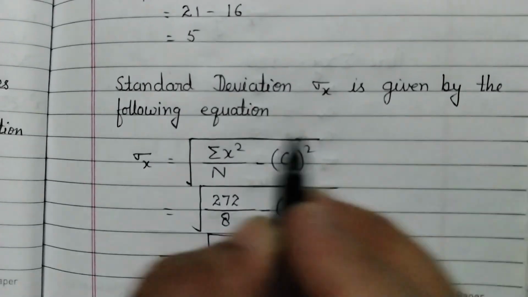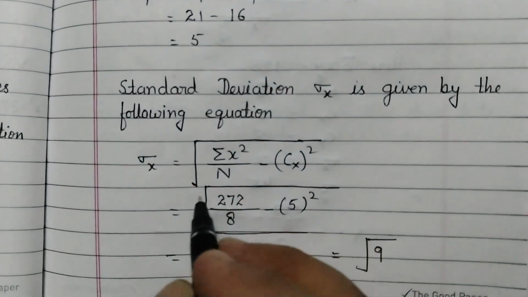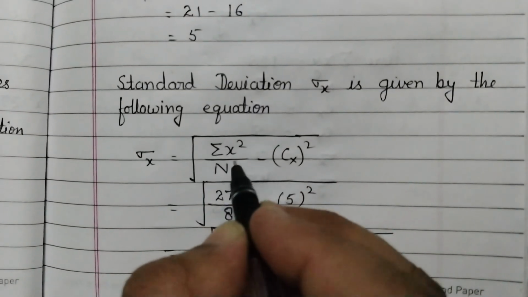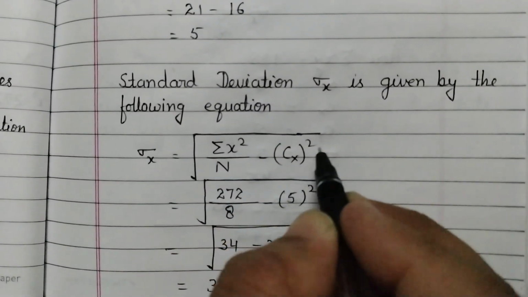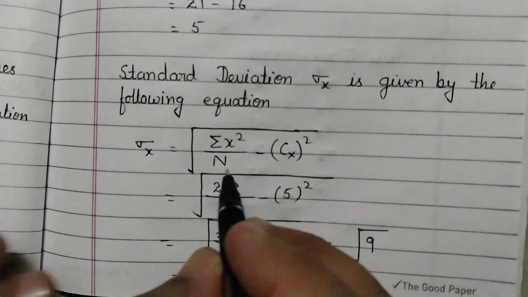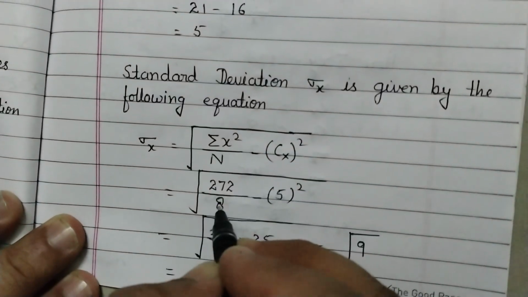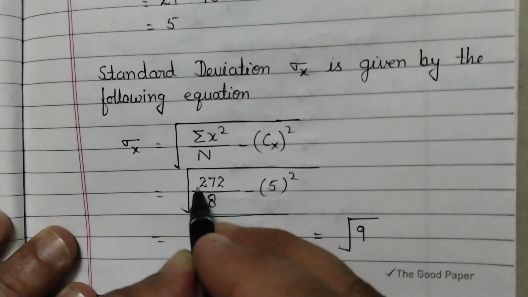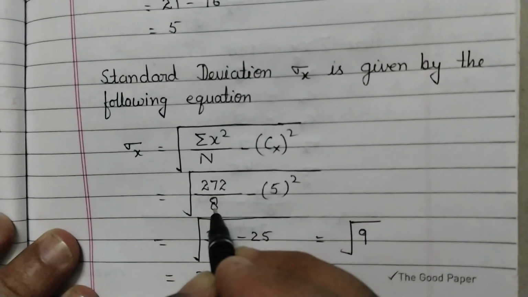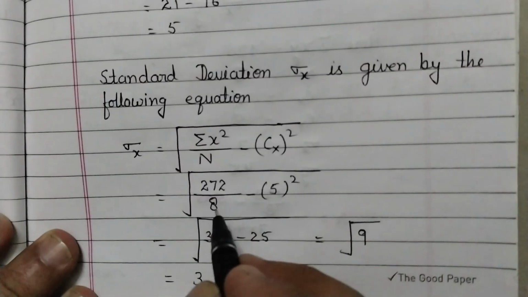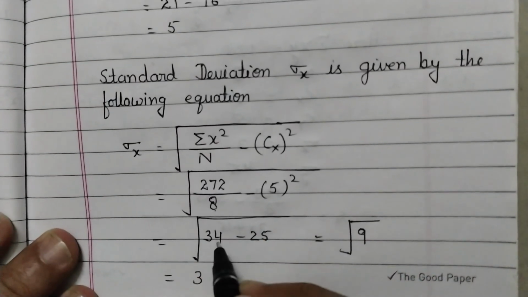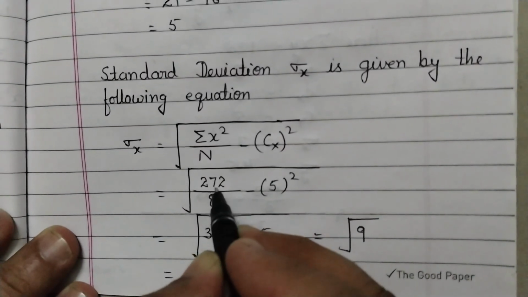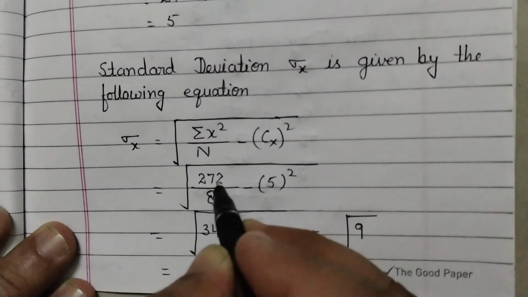Sigma x is given by the following equation. Sigma x is equal to under root summation x square by n minus Cx square. So substituting the values of summation x square, n and Cx: summation x square is equal to 272 and n is equal to 8, minus 5 square. 272 divided by 8 is 34. 8 3s are 24, remainder is 3. 8 4s are 32.